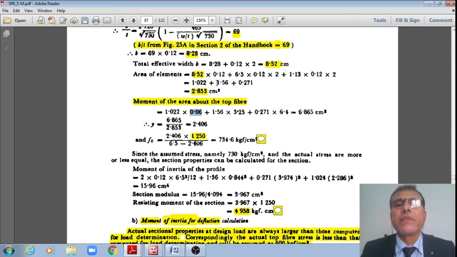Similarly, these webs are at a distance of 3.25, because 6.5 divided by 2 is equal to 3.25. Similarly, that of the bottom chord portion is equal to 2.71, which is at a distance of 6.5 minus 0.1. Therefore, it works out to 6.4. Therefore, the first moment of area about the top fiber will work out to 6.865 centimeter square.